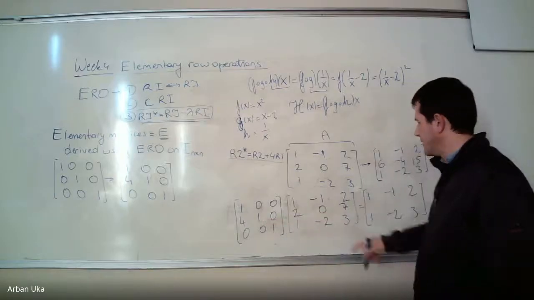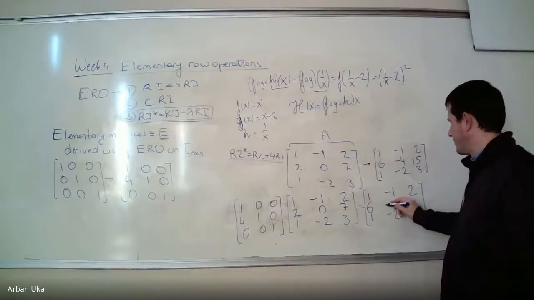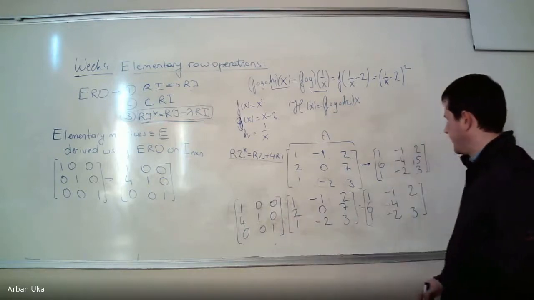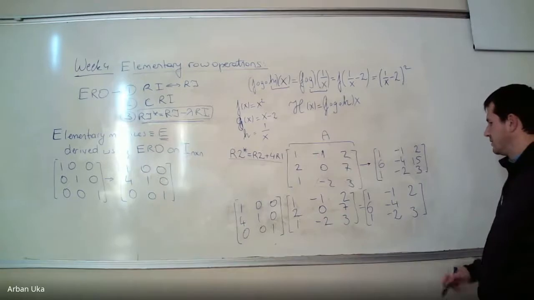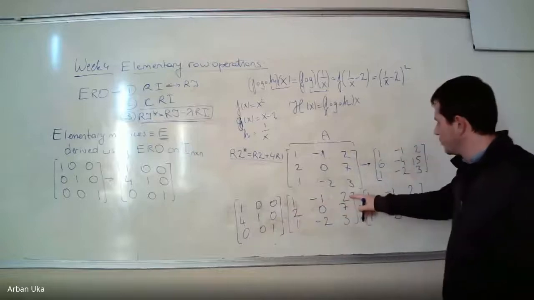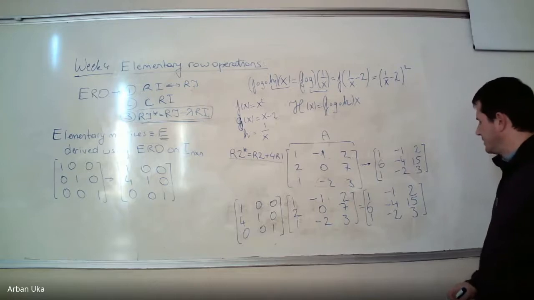So let's write it down: 1, minus 2, 3. What about the second row? We can multiply 4 by 1 and add 2, which will be 6. Then 4 times 2 is 8, plus 1 times 7, that is 8 plus 7, which is 15.